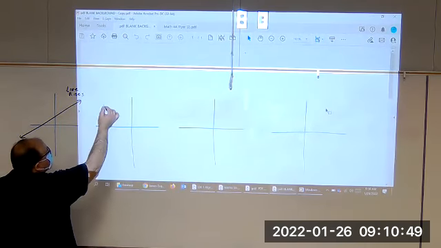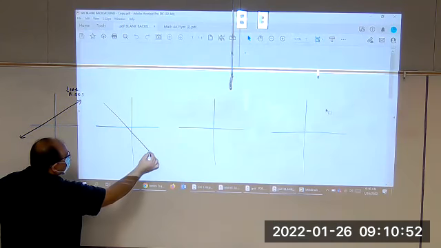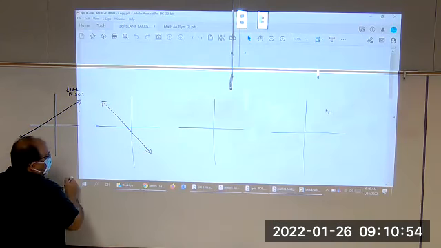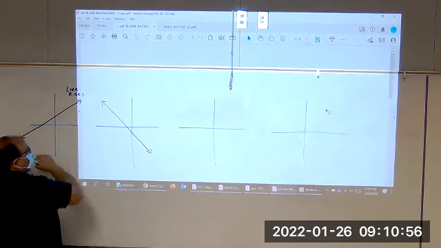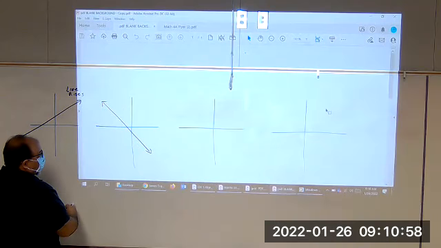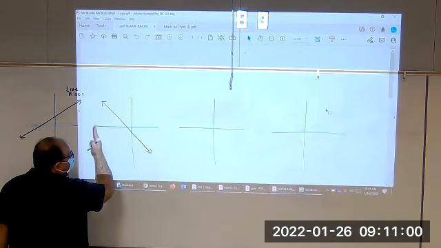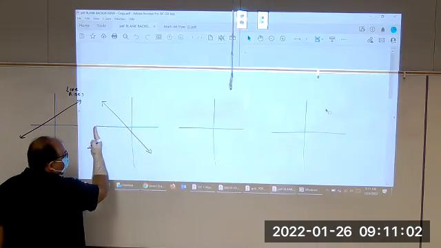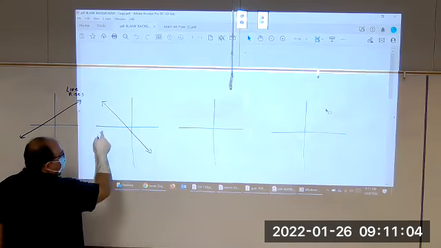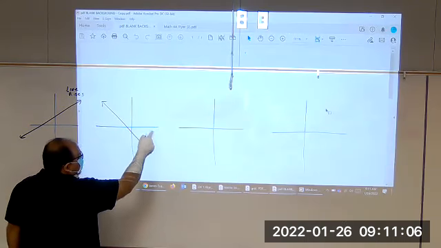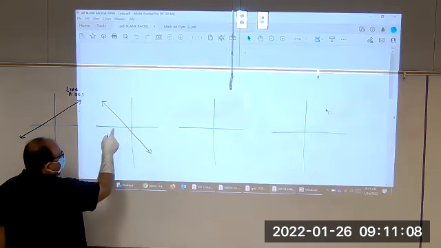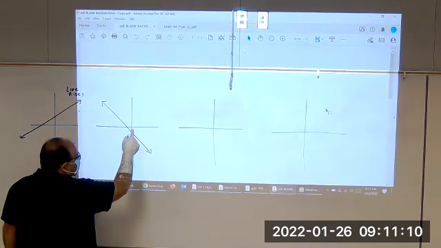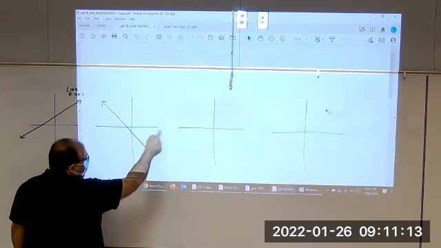If the line goes down to the right, so up to the right, down to the right. Again, we're always going to look at it from left to right. So x continues to get bigger: x is -4, -3, -2, x is 0, x is 1, x is 5, whatever.